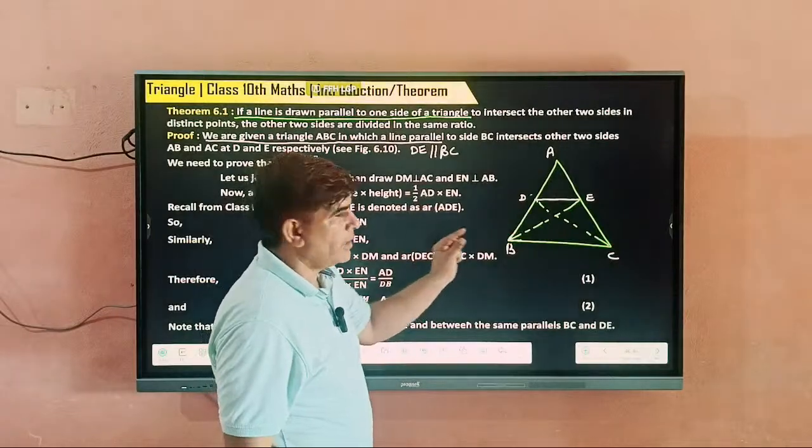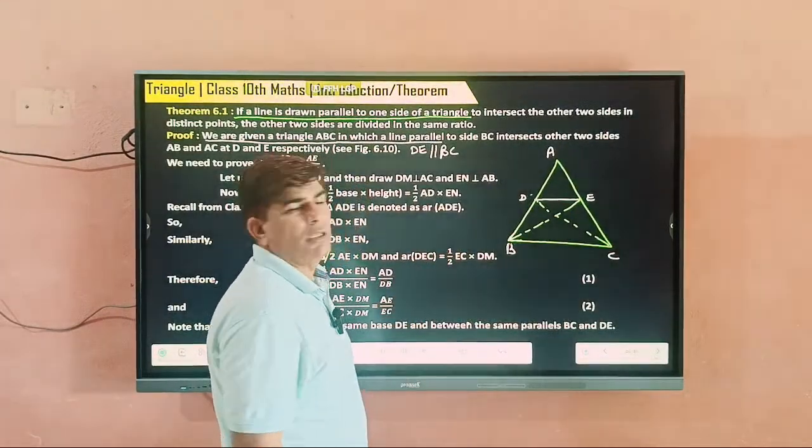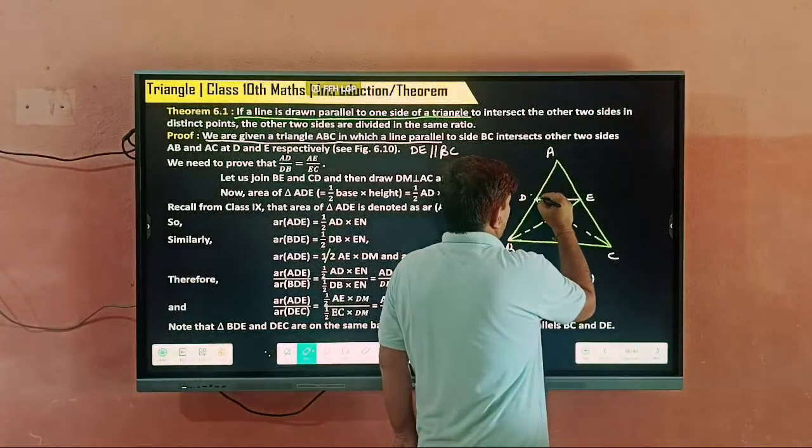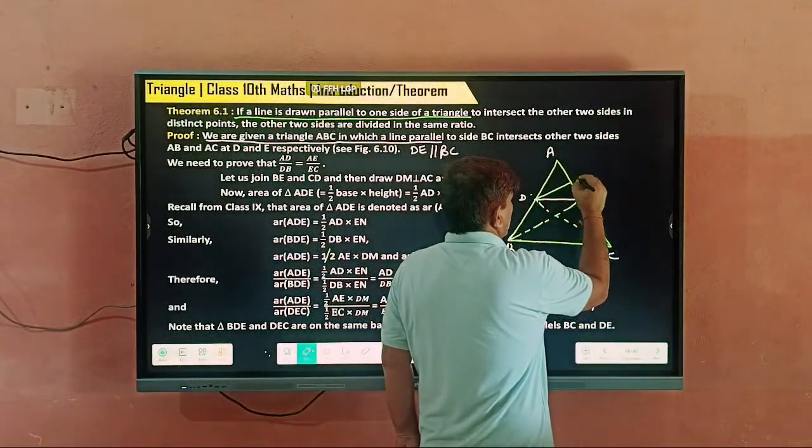Join B with E and C with D, and draw perpendiculars.